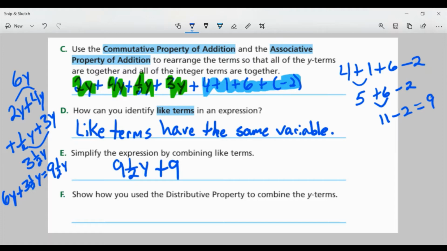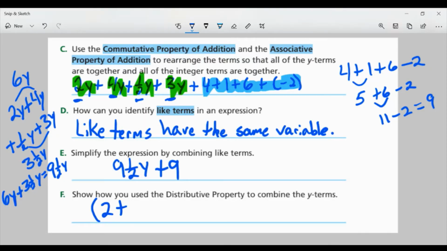For part F, show how you used the distributive property to combine the y terms. What we're looking at is taking these coefficients, which are the numbers in front of the variable.